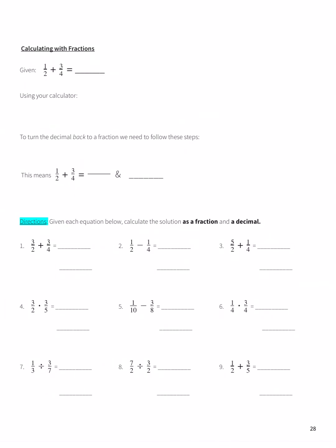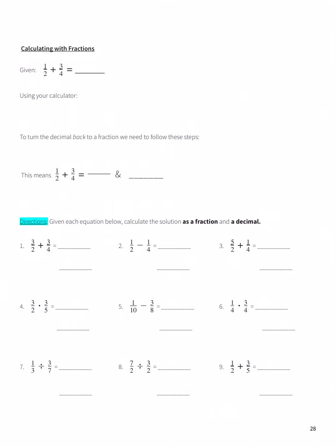Okay, so on this page of your notes, you are going to add fractions, and you are going to give the answer in both fraction and decimal form, and all you have to do that is use your fraction plus calculator because it gives you the answer in both forms. So for example, if I'm looking at this first problem, I have 1/2 plus 3/4.